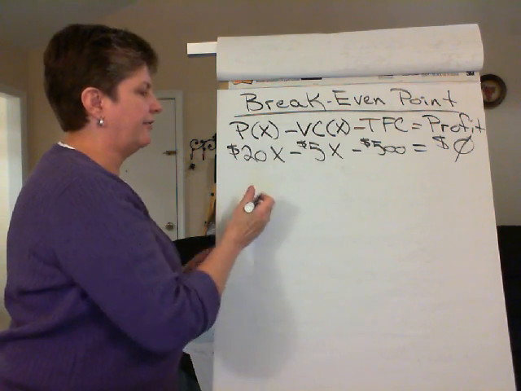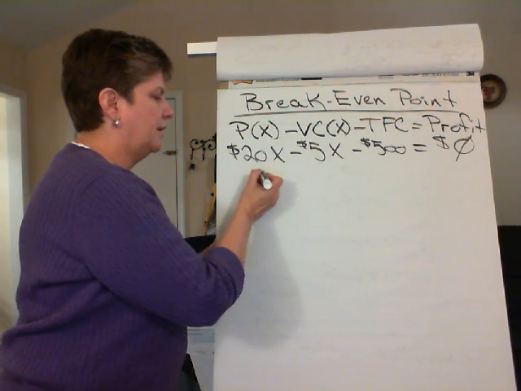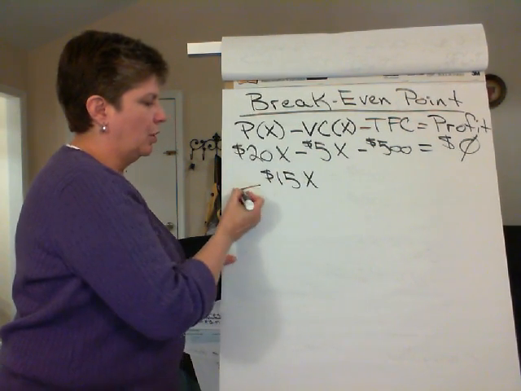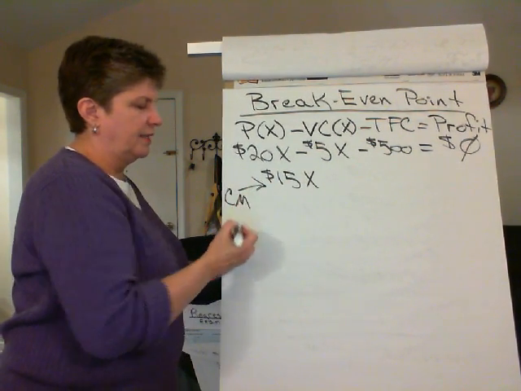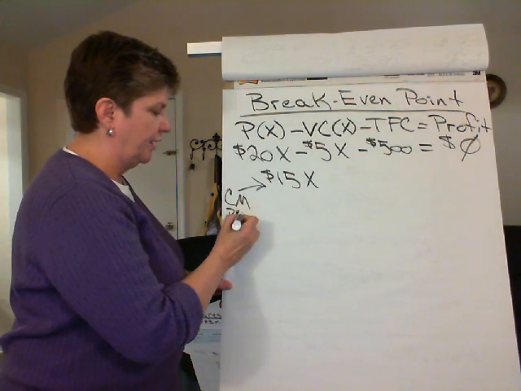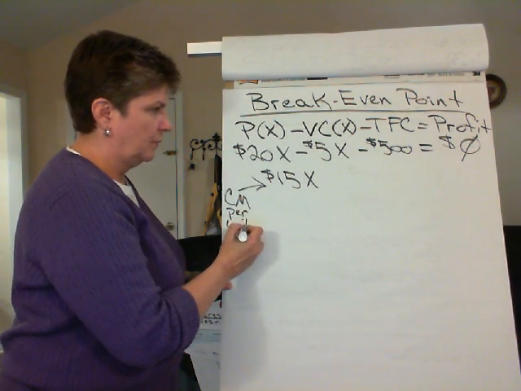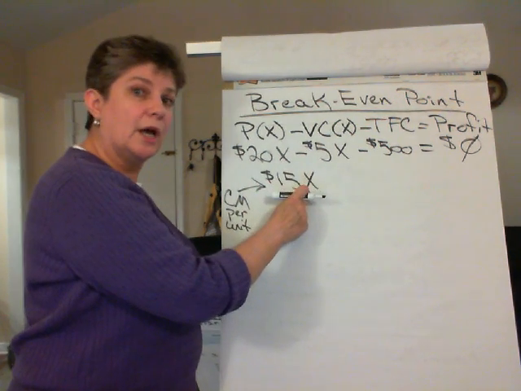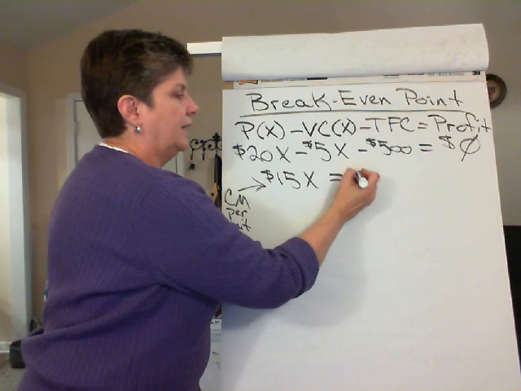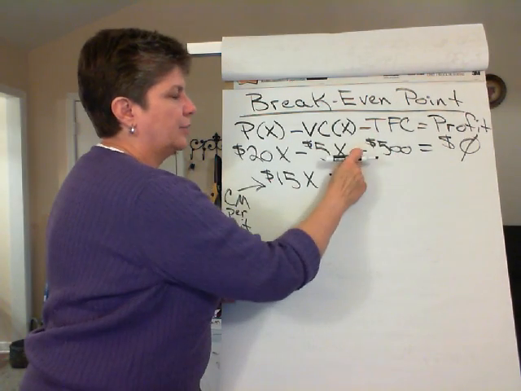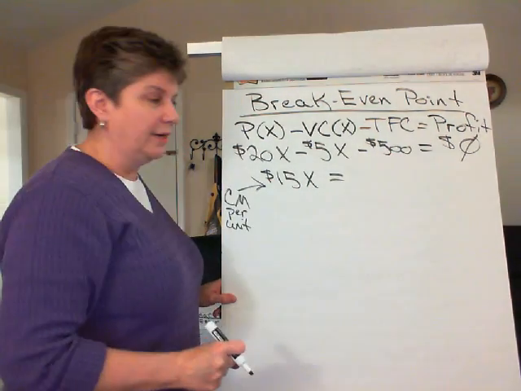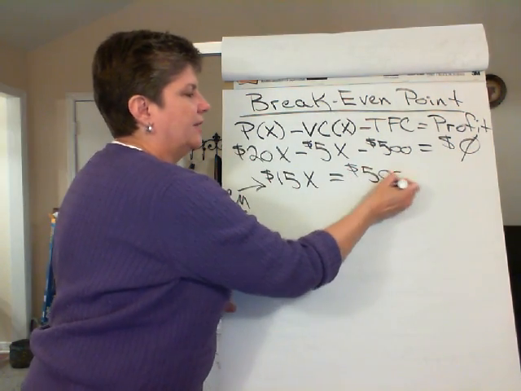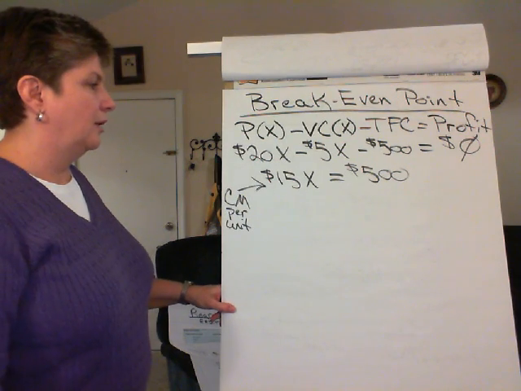Let's see, 20 minus 5, we already know that is our $15 contribution margin. That's our contribution margin per unit. Okay. So contribution margin per unit times an unknown number of units is now equal to, because we move the 500 over to the other side by adding 500 to both sides, is now equal to $500.